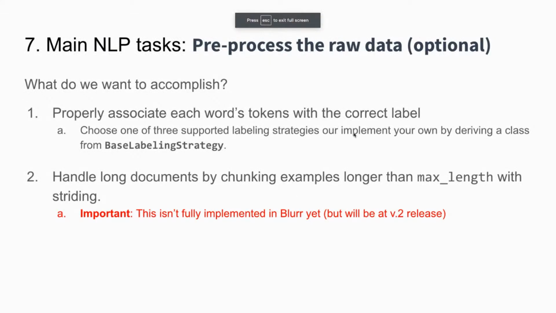So once we have that, an optional task that we can do is to pre-process the raw data. In pre-processing, essentially what we're going to do is go through our text and convert it to the input IDs. Remember that when the tokenizer sees your text, it returns something called a batch encoding object.